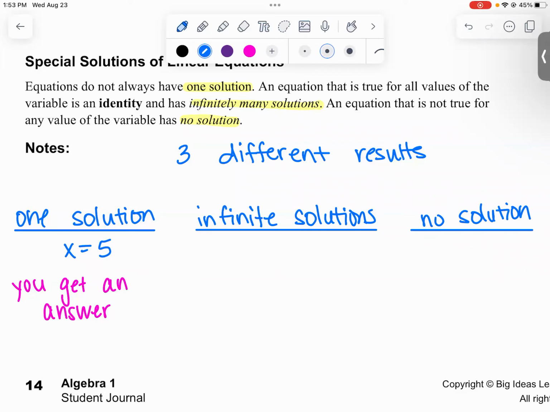So in the event that our variables cancel out on both sides, we can get one of these two things to happen. If we end up getting something like 0 equals 5.